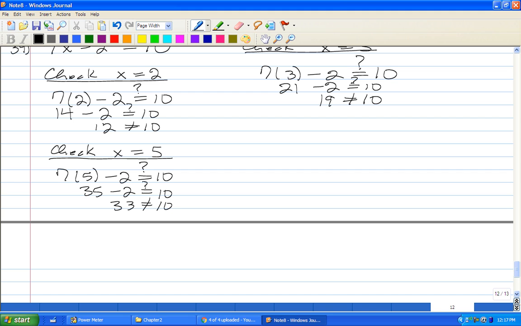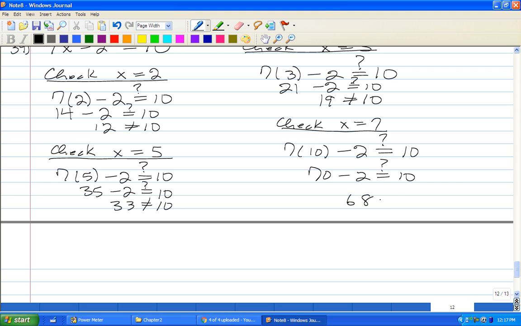Next, let's check if x equaling 7 is a solution. And so 7 times 7 minus 2, is that equal to 10? Is 49 minus 2 equal to 10? No, 47 is not equal to 10.